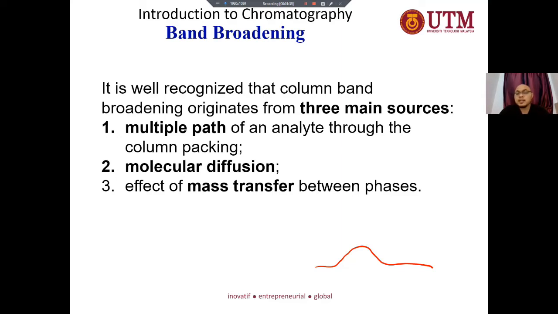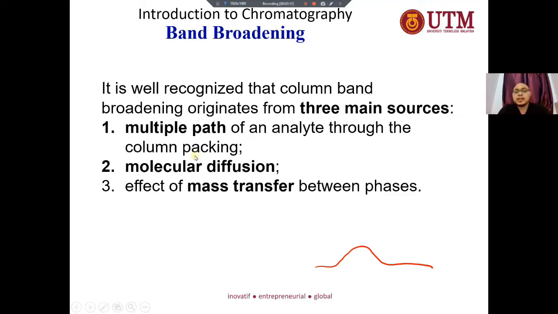So you need to understand the concept of peak broadening, differentiate between band broadening and peak asymmetry, and know how you can improve them. That is a very popular question in the examination. But you need to understand instead of memorize.